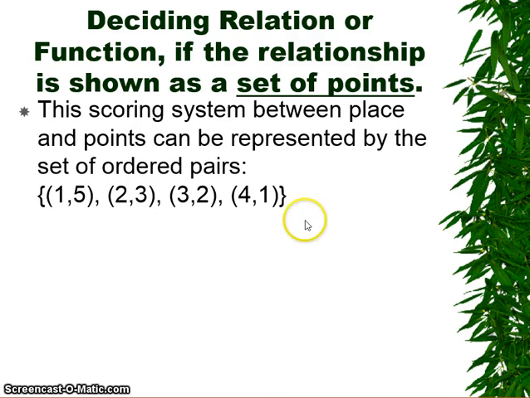Now, that same scoring system that I just read to you could be described by these set of ordered pairs. If you get first place, you get 5 points. If you get second place, you get 3 points. If you get third place, you get 2 points. If you get fourth place, you get 1 point.